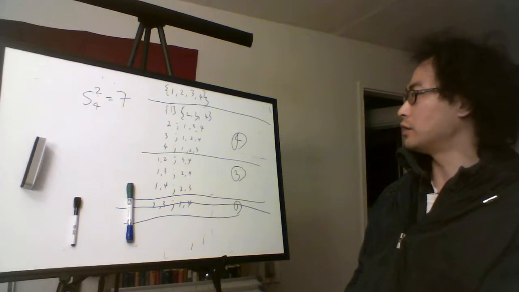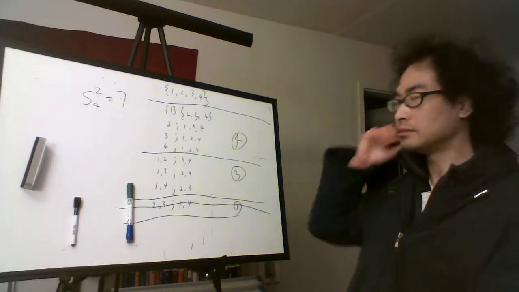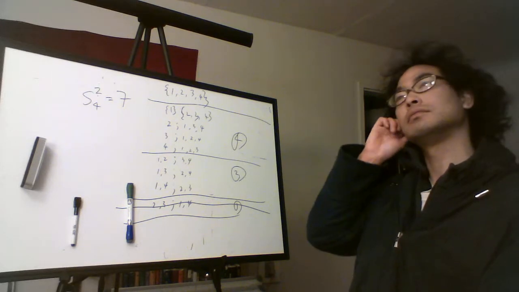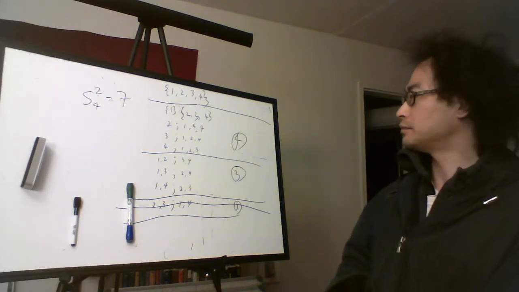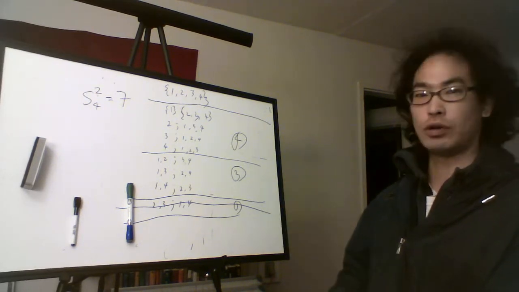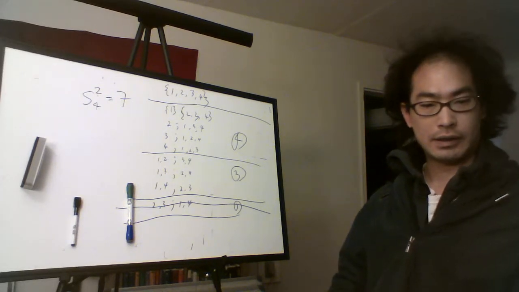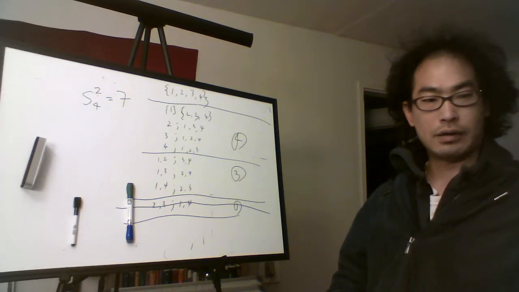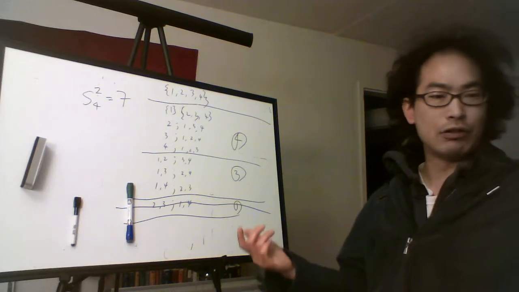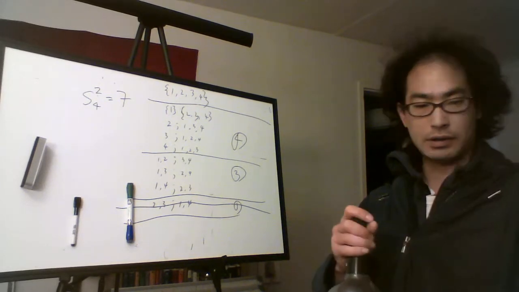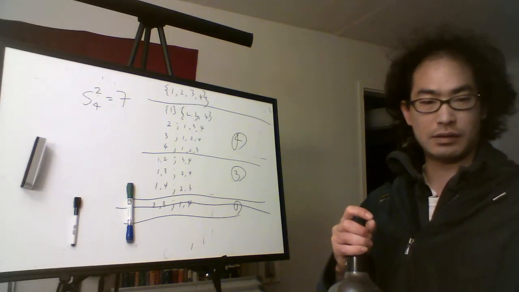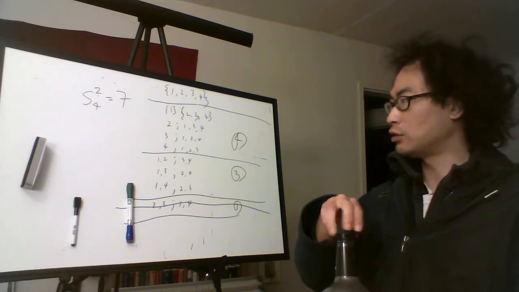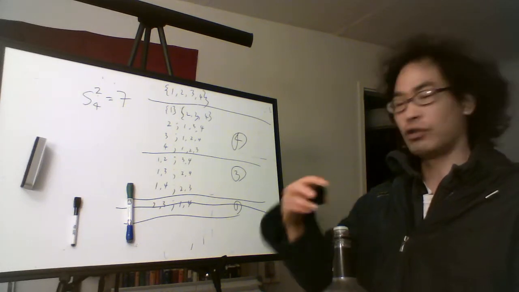So how many ways are there? That's a combinatorial problem, right? We can look up this website, but because this is a combinatorial problem, we're just going to do it.